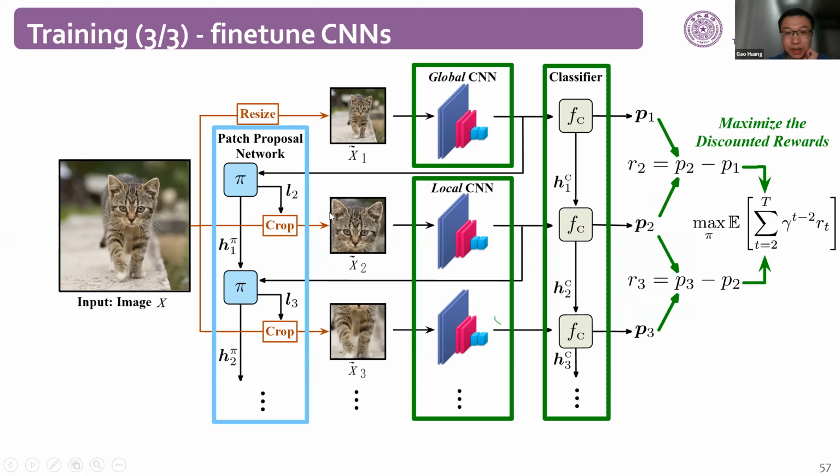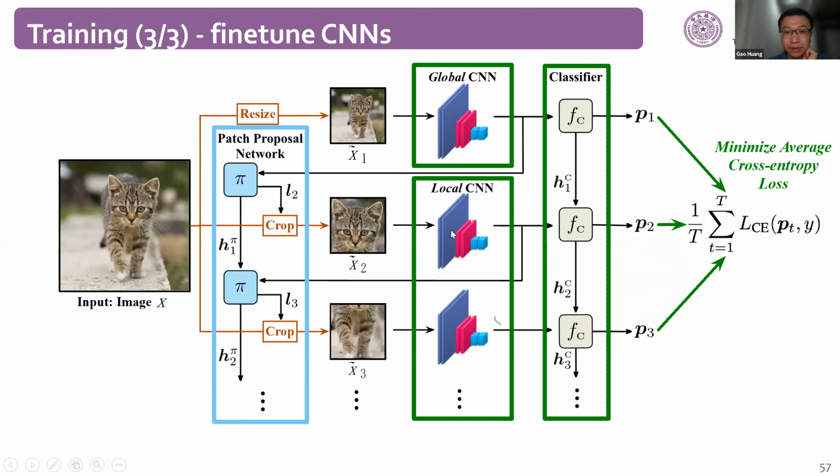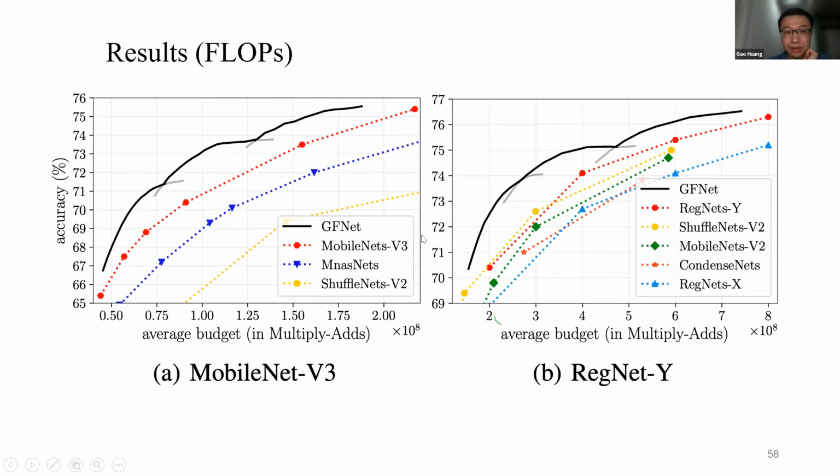As I mentioned, we can deploy any kind of backbone model here. In our experiments, we used MobileNet v3 as our backbone. This is one of the most competitive SOTA models for mobile applications, and we obtained quite significant improvements upon this model.